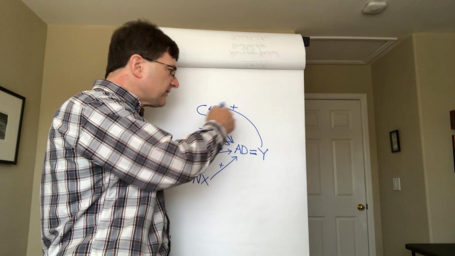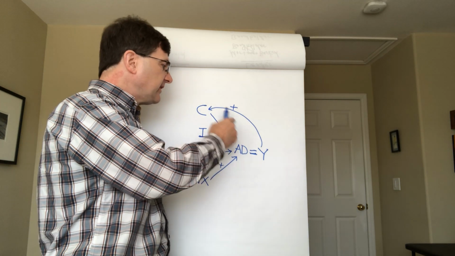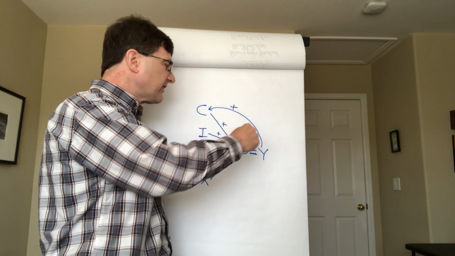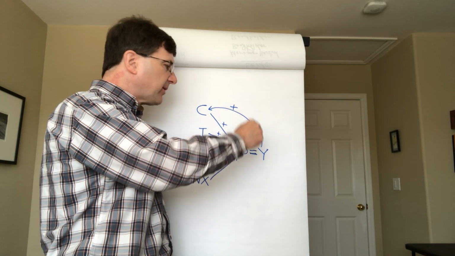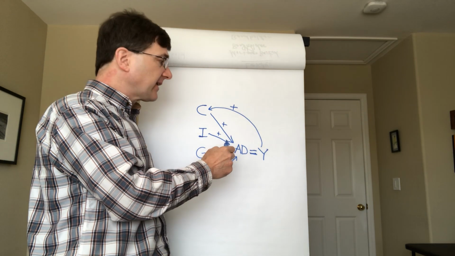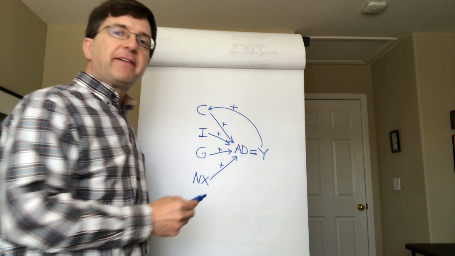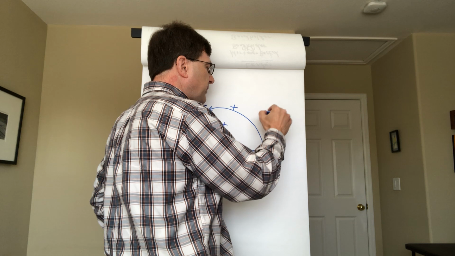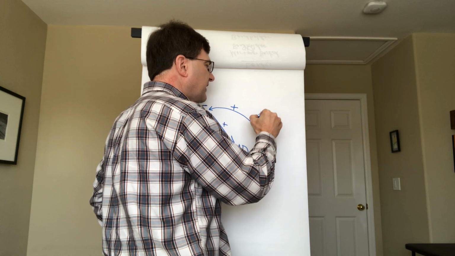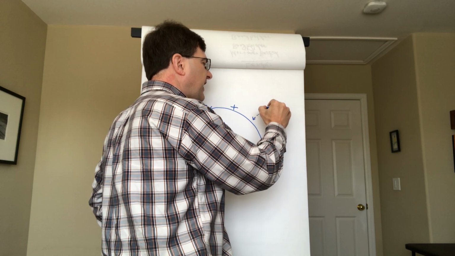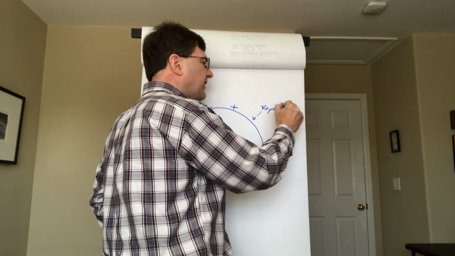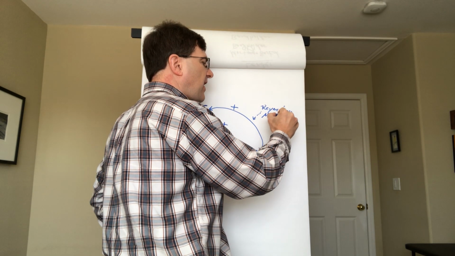So this is a positive feedback loop. If you think of positive numbers here and multiply them around, you get a positive number. And in fact, this is a very famous positive feedback loop. This positive feedback loop is called the Keynesian multiplier.